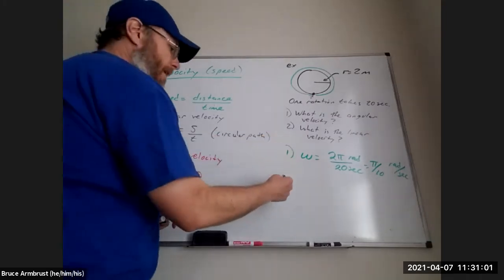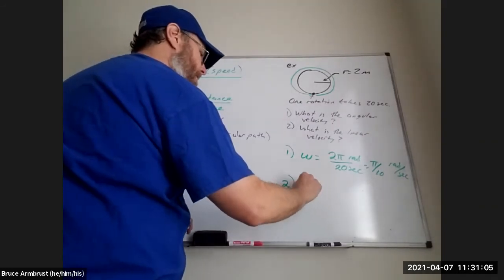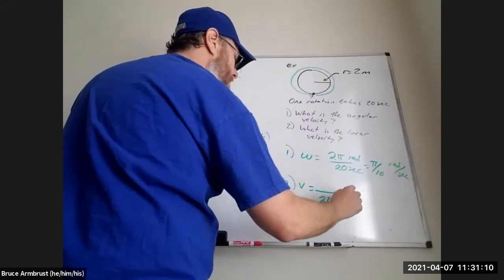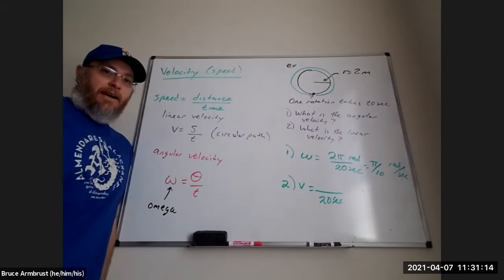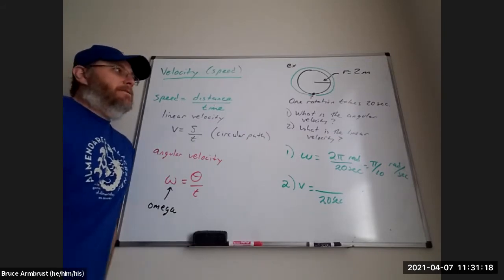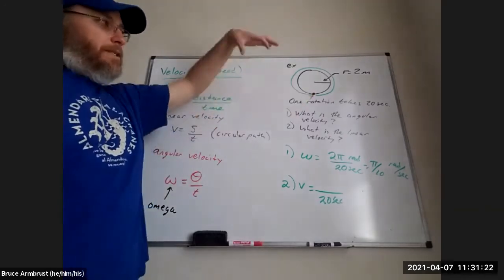So for linear velocity, we're going to do the same thing, except we need a distance. So let's use that same time. But my question is, how far did we travel? How long of a path did we travel? So come back up to this picture and think about that dot. So we're watching from above.